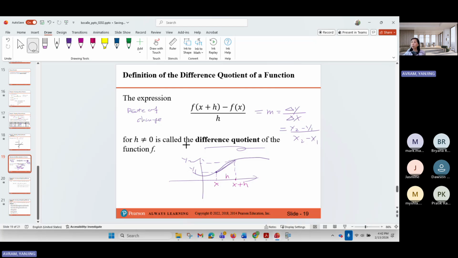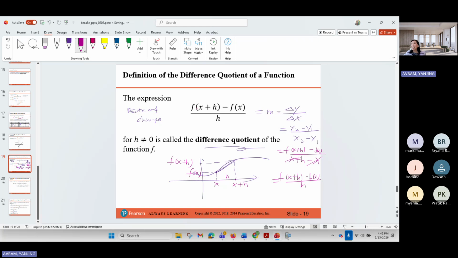All right, and my y1 here will be f of x. And my y2 here will be f of x plus h. All right, so then I plug the y2 in. My y2 is f of x plus h, my y1 here is f of x. My x2 here is x plus h minus my x1 here is x. And x cancels out, so that's why we got this denominator is only h.